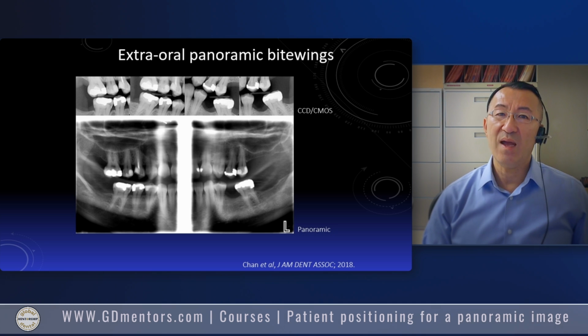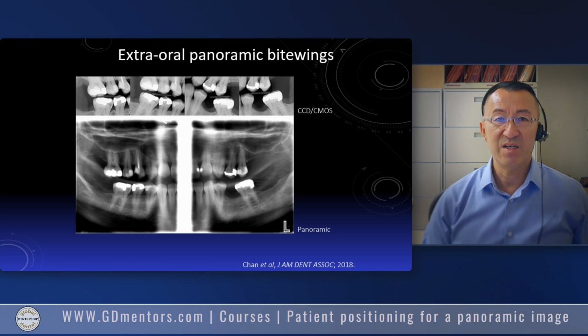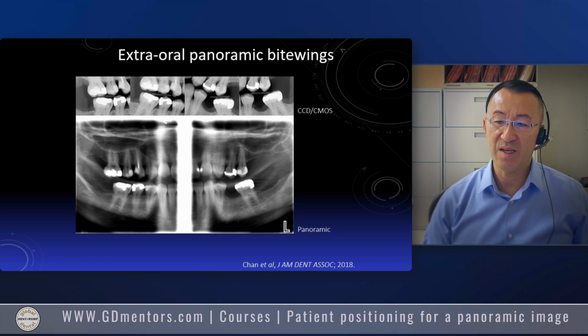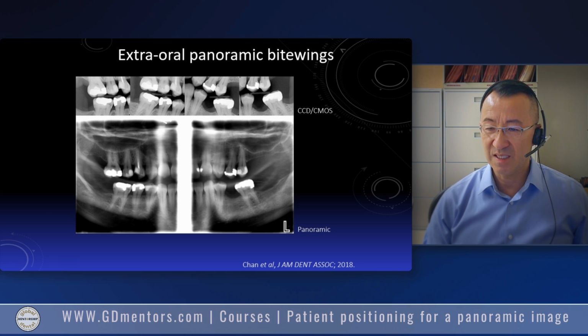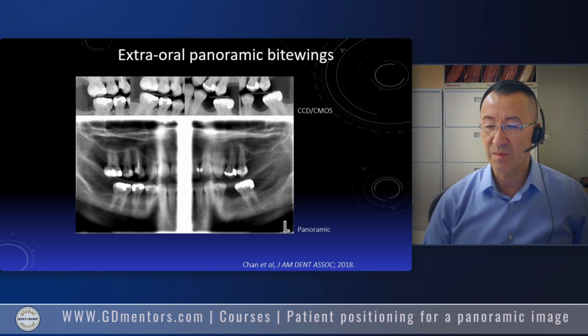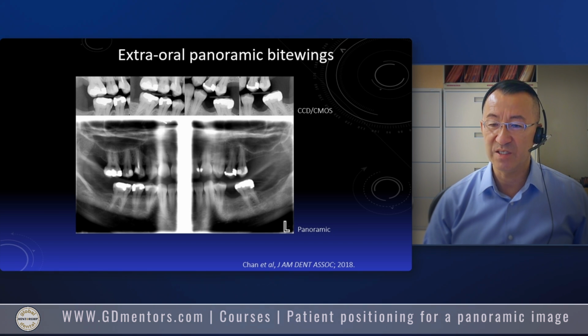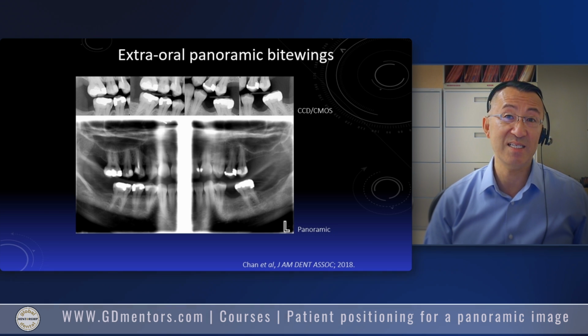One new acquisition that vendors have created is the so-called extraoral bite wing. This is a screen capture from a publication in the Journal of the American Dental Association by Chan in 2018.